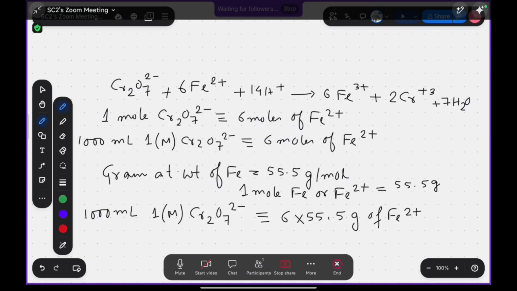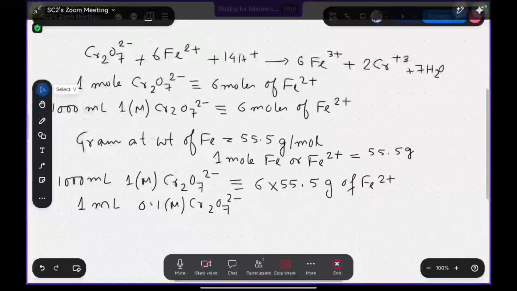Now what is given to you? If you are provided with 1 milliliter of 0.1 molar dichromate, then how much Fe2 plus will be oxidized?